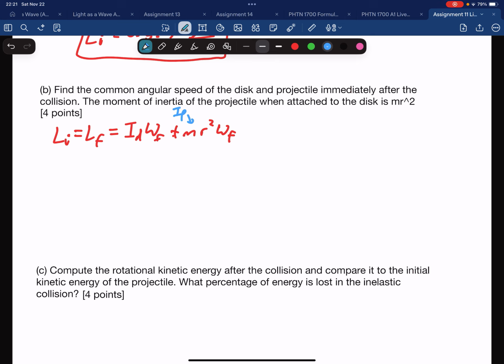So I'm told that the moment of inertia of the projectile is mr squared. I've just subbed that in right away.